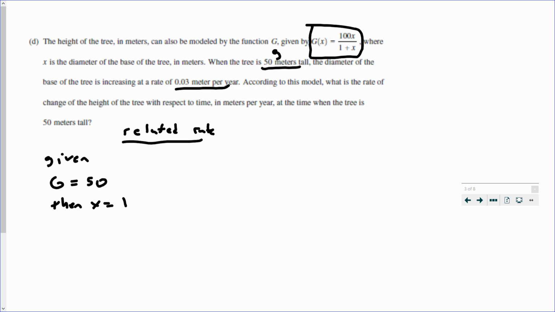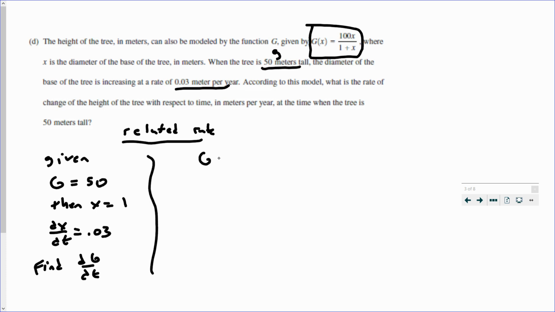And we are given that the diameter of the tree is changing at 0.03. So remember, x is my diameter, so they're telling us dx/dt is 0.03. And then what are we asked to find here, at what rate is the height of the tree changing? So we're asked to find dg/dt.